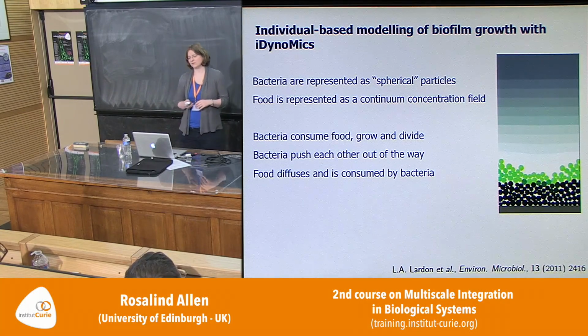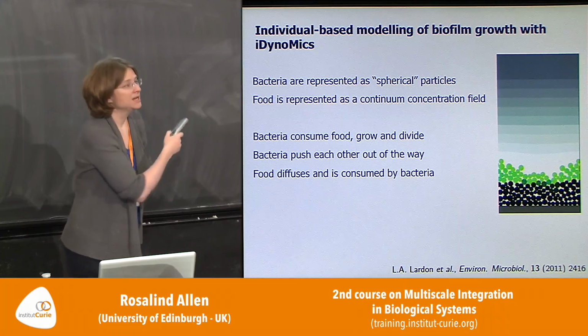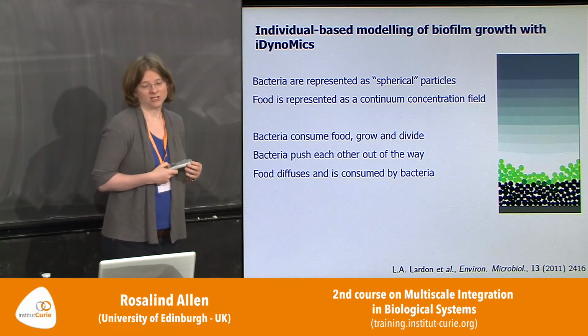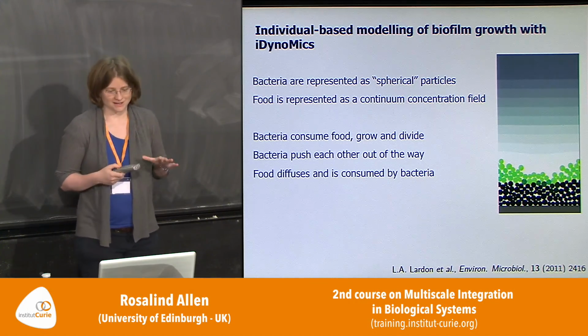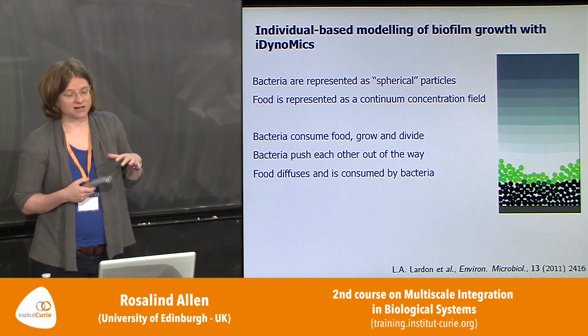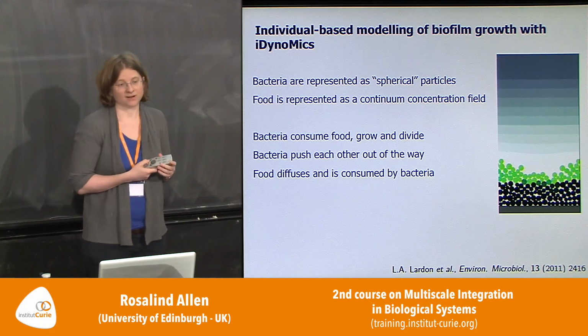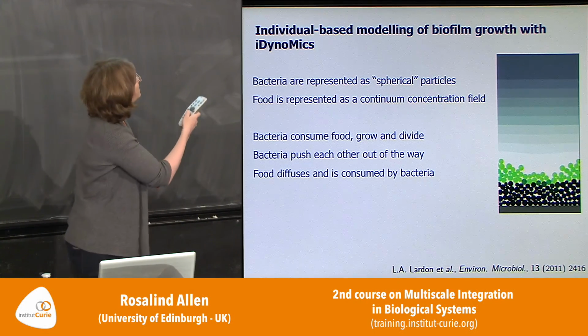What we've been doing in our research is the second way. We have these individual-based models, and we've been using a software package designed to do this, called iDynamics. What it does is represent individual bacteria as spherical particles, and the food as a continuum concentration field.